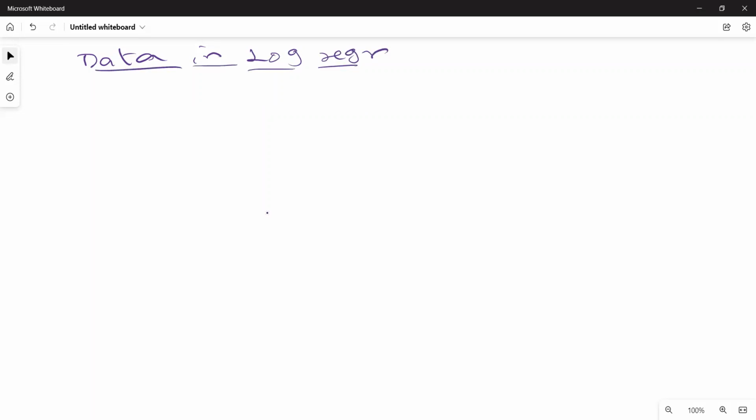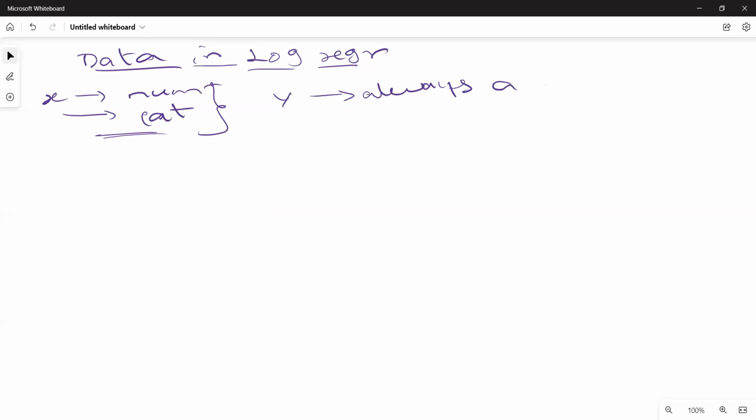The data in a logistic regression can be a number, or it can be a category, or it can be a combination of both numbers and categories. Whereas the Y variable is always a category. So it can either be value 0, 1, or it can be yes, no, or whatever it is.